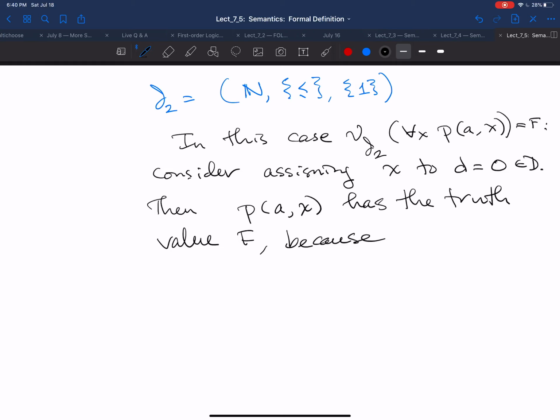Because, of course, 1 is not less than or equal to 0. Or if you like, the ordered pair 1, 0 does not belong to our binary relation less than or equal to.